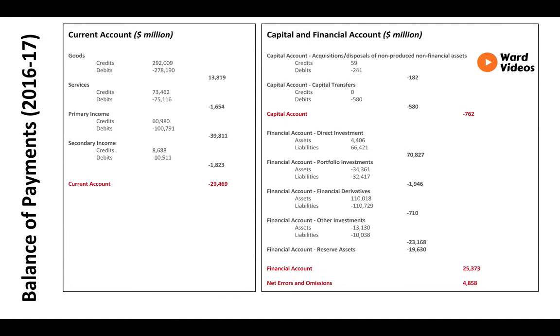To make the balance of payments balanced, the net errors and omissions was only $4.858 billion. Therefore, the current account was negative $29.469 billion, and the capital and financial account was positive $29.469 billion. So, in 2016-17, the balance of payments was 0, just like in 15-16, and just like it will be in 17-18. It will always equal 0.